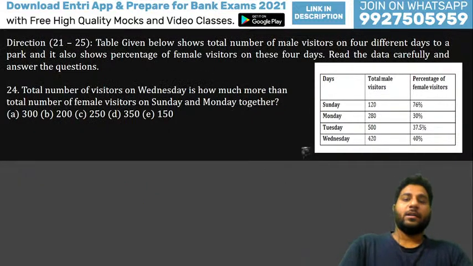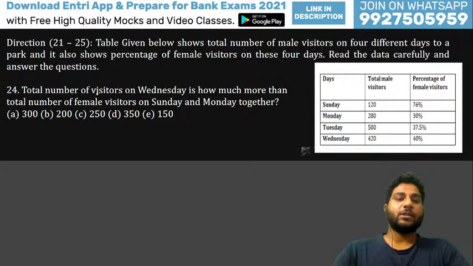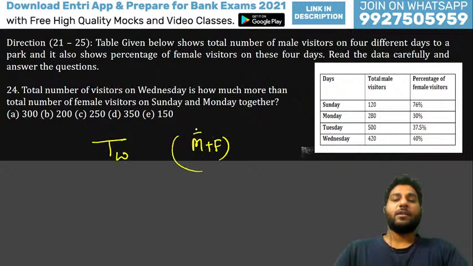Now the next one says that the total visitors on Wednesday are how much more than the total number of visitors, male plus female, on Sunday and Monday.